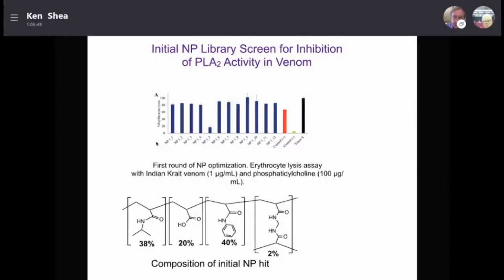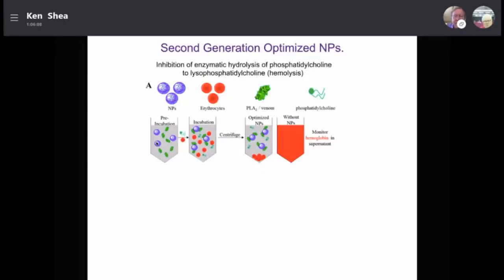And this is a collection of isoforms in a specific venom. And here we show our first hit, which is a nanoparticle with the chemical composition shown at the bottom that seems to have efficacy for binding PLA2, that enzyme, from venom. We then go on to examine whether that nanoparticle candidate is capable of not only binding the protein toxin, PLA2, but also of inhibiting its function, preventing it from breaking down cell walls.